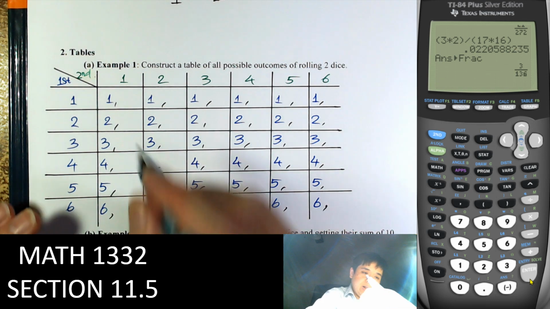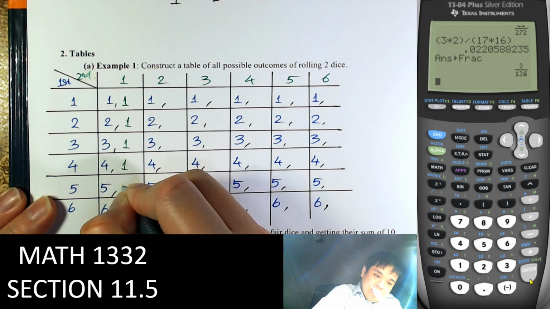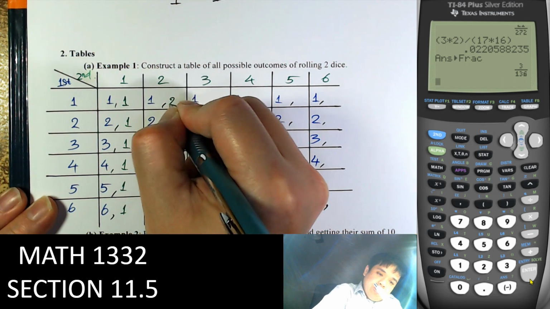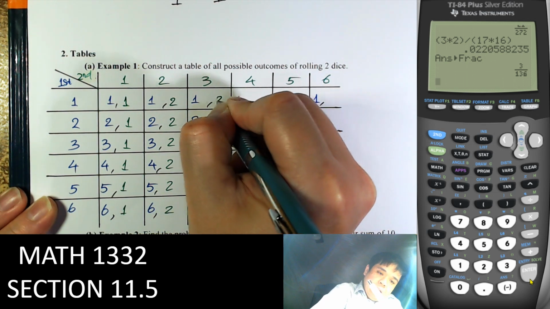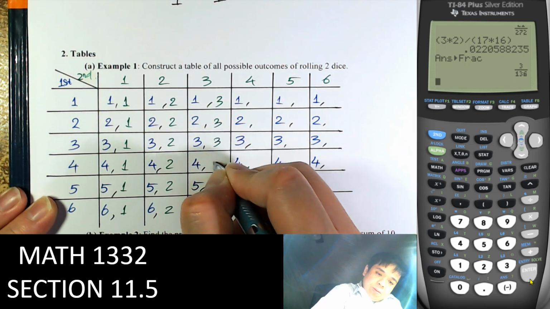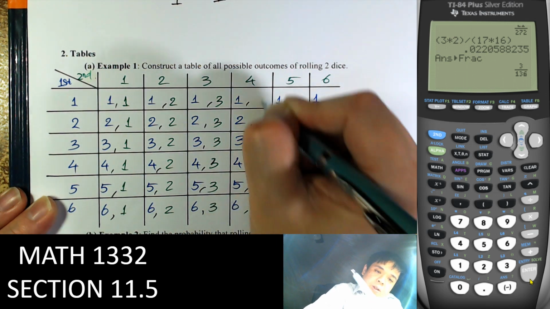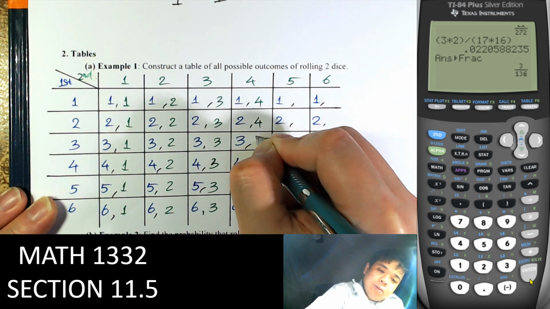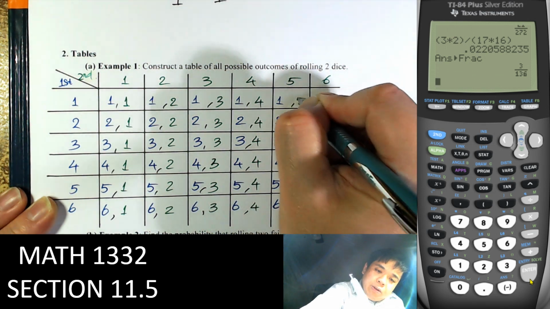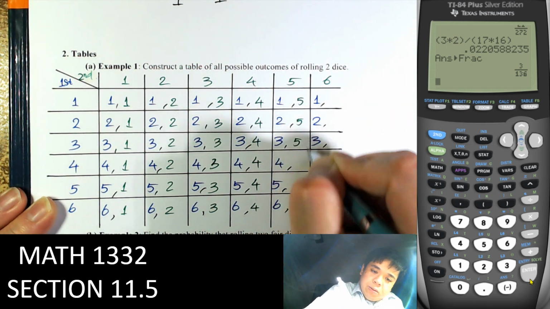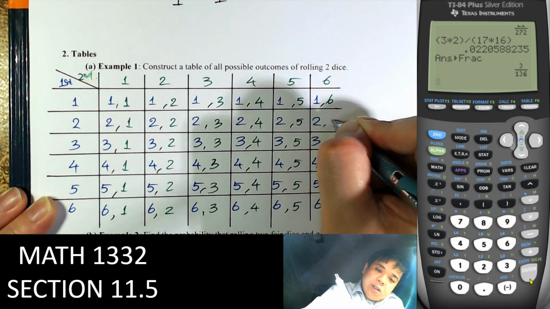Right, now have 1 on the second, 2, 3, 4, 5, and 6.